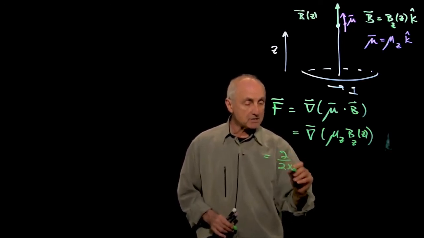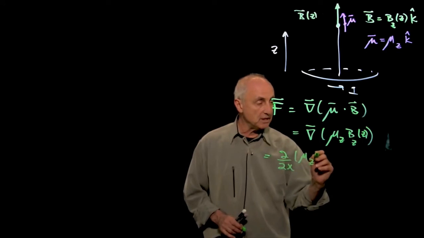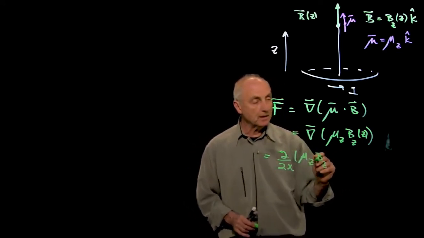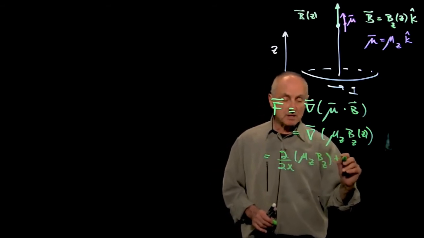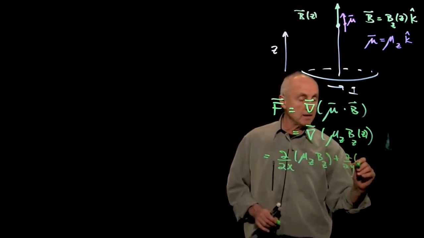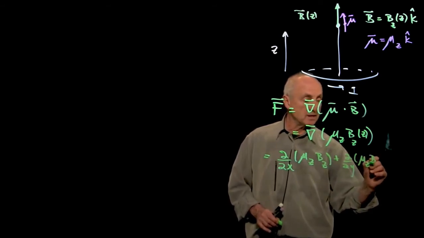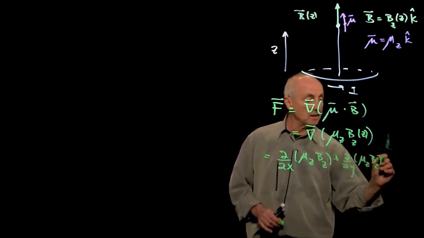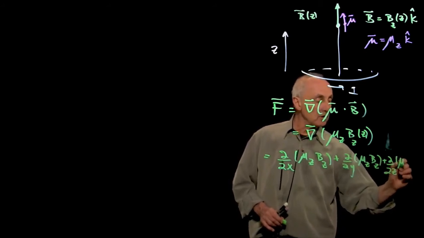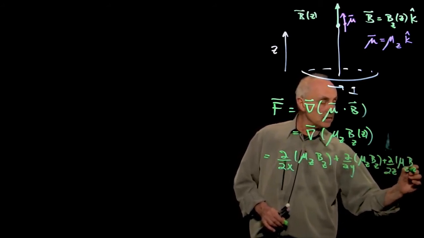There's a d by dx of mu z Bz plus d by dy of mu z Bz plus d by dz of mu z Bz.